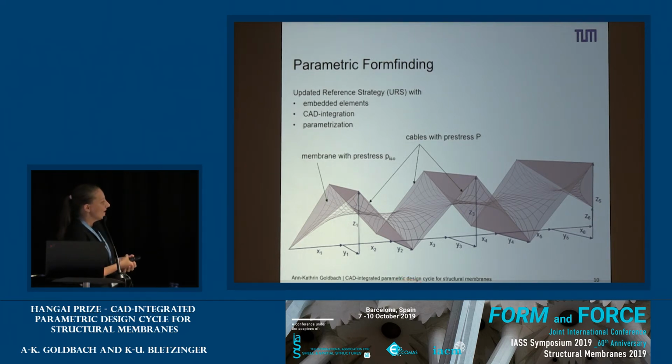This was modeled in a parametric way, so as you can see there are x, y, and z coordinates defining the surface, which can be changed in any position. And for the model, that just means it's very flexible. So if I changed, let's say, y1, I would just have a broader membrane in the end.